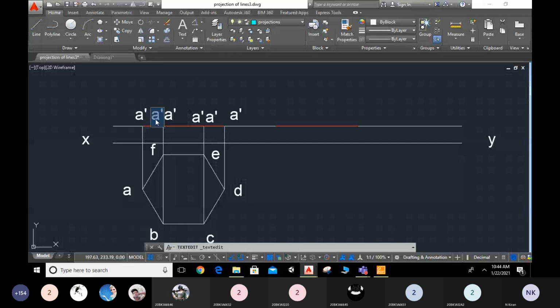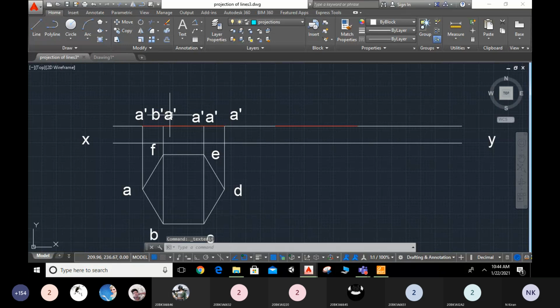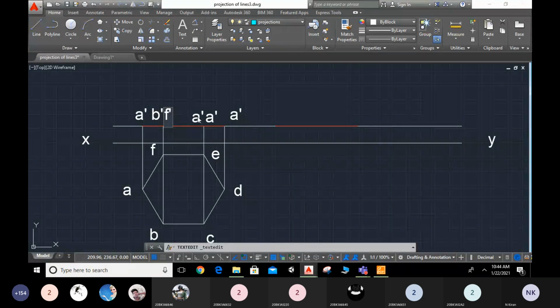What are the points we got here? B dash, is it right? B dash and F dash, and F dash should be in the brackets, is it right? So I will make it in the brackets.